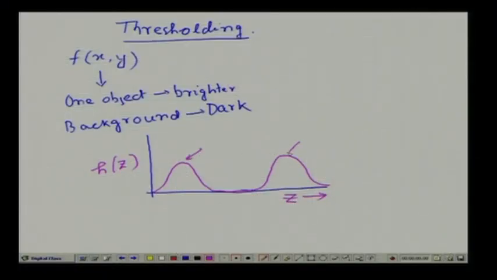For such a bimodal histogram, you find that there are two peaks, one peak here and the other peak here, and these two modes or these two peaks are separated by a deep valley.